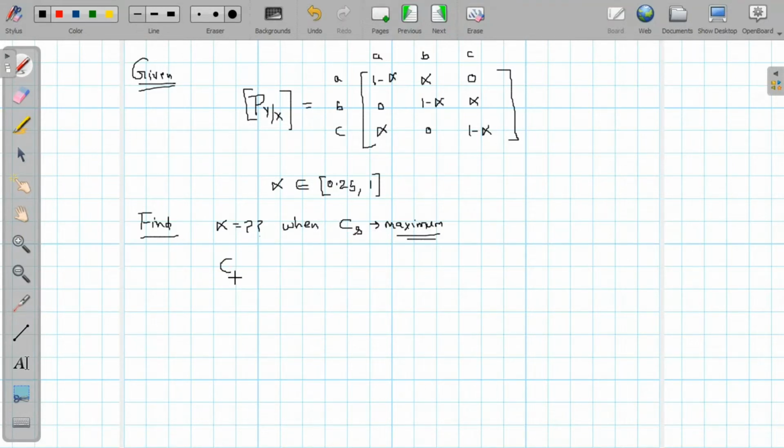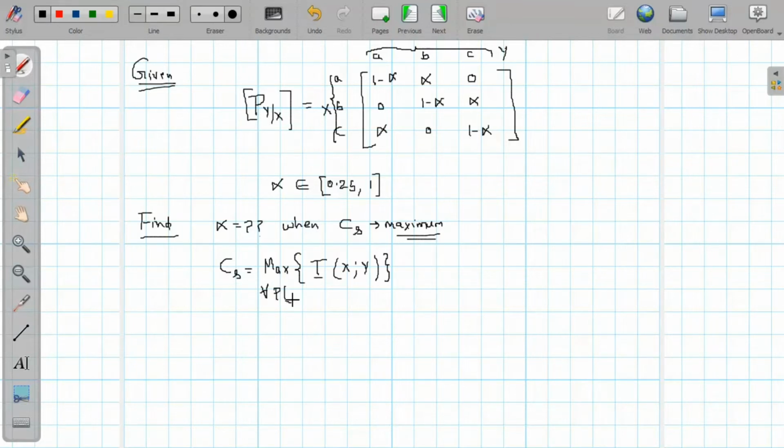We know that the capacity of any channel is the maximum value of its mutual information between input and output. Here input is X and output is Y. So these three are the possible values of input random variable X, and these three are the possible values of output random variable Y. And we have to maximize this mutual information for all the possible probability distributions of input.